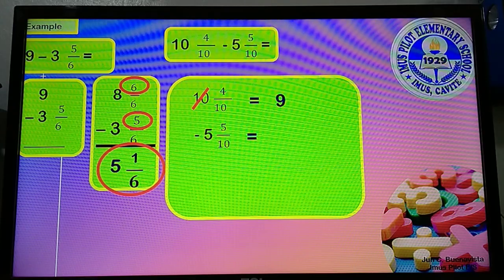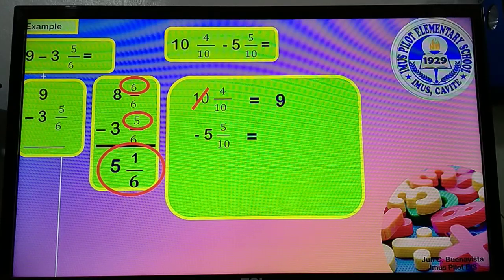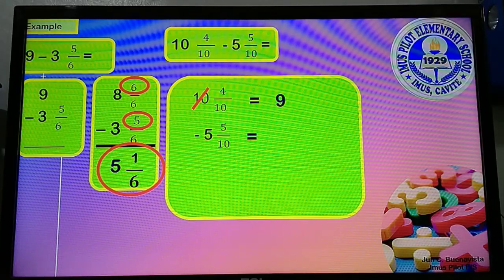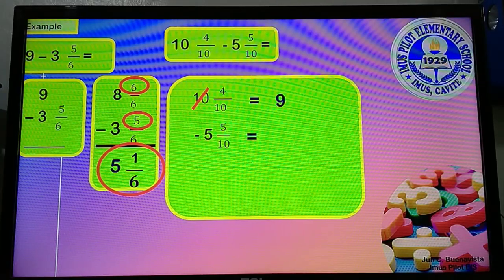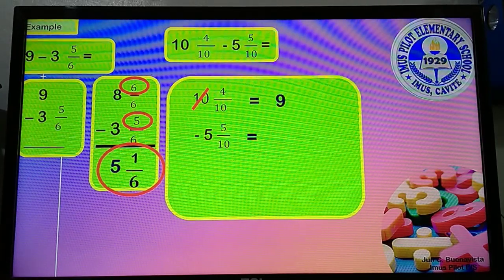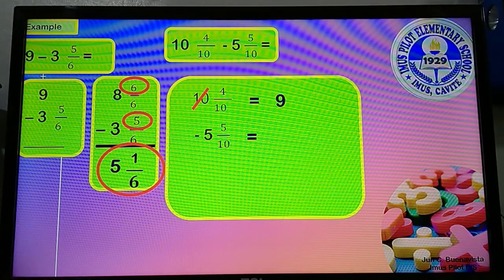So, in borrowing, di ba pag nanghihiram tayo sa whole number, nag-a-add tayo ng 1 doon sa iba? This time, we are not going to add 1. We add kung ano ang denominator. Bakit? Kasi kung anong denominator, yun din po yung magiging numerator in order to have 1. Let's say, ang denominator natin is 10.